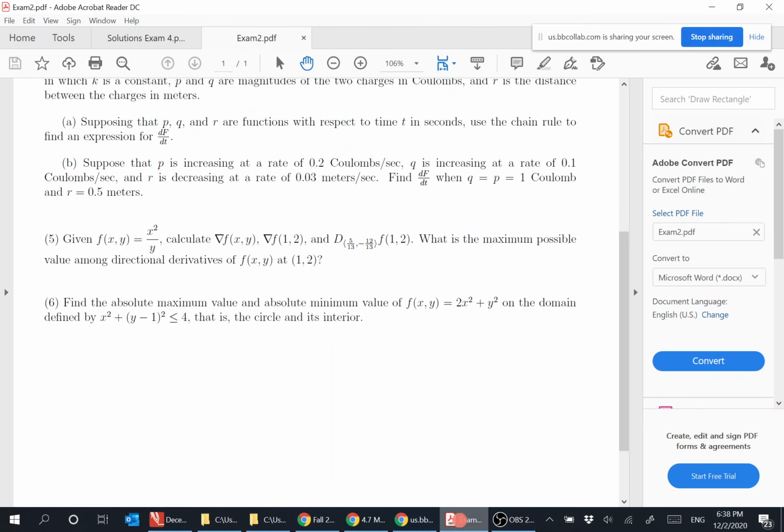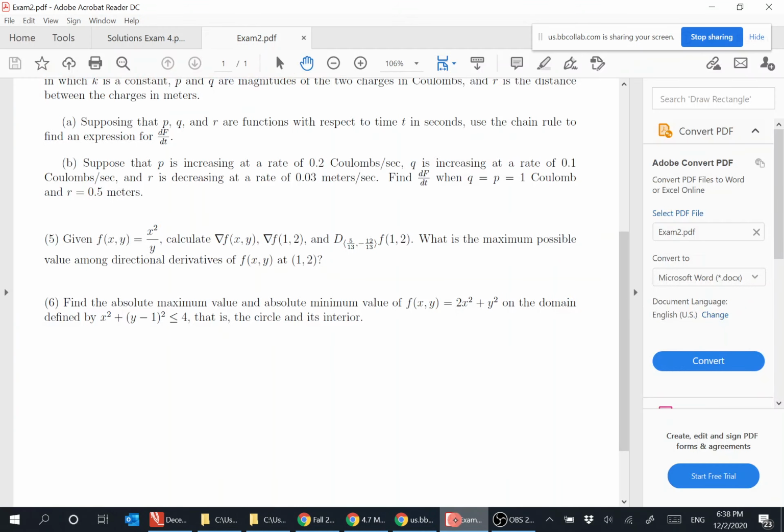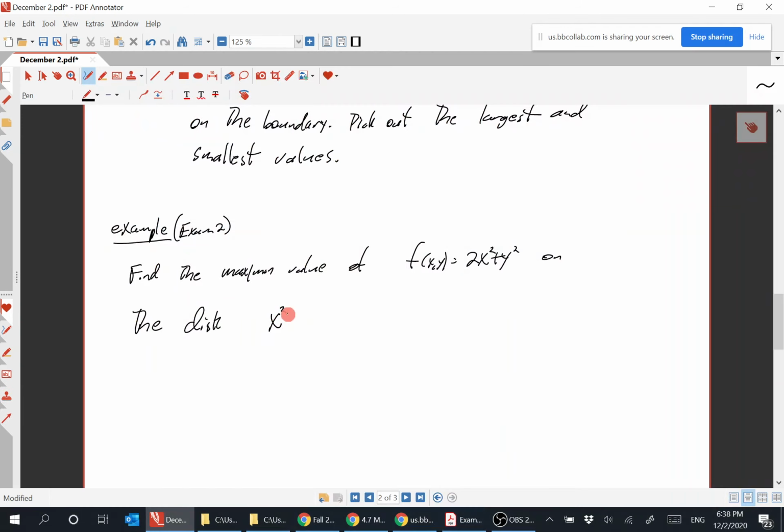Right? Is that what it was? Or 2x squared plus y squared. On the disk x squared plus (y minus 1) squared less than or equal to 4.